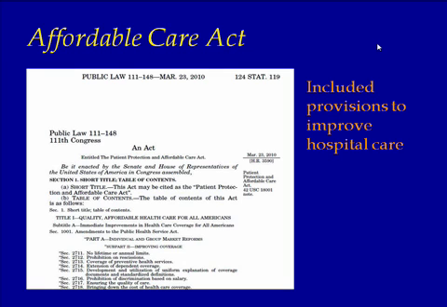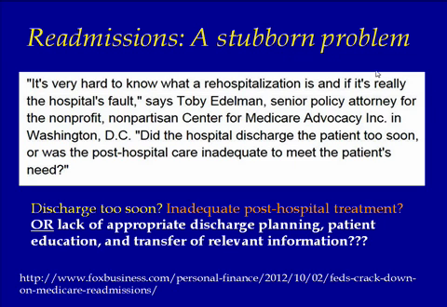We are expecting more value for the dollar in terms of what we're getting in the healthcare delivery at the time of admission, during the hospitalization and transfer to another facility. And that isn't to say that it all is a problem for the hospital, because it certainly isn't. We know that rehospitalization is really a challenging issue, and it's not the hospital's fault.